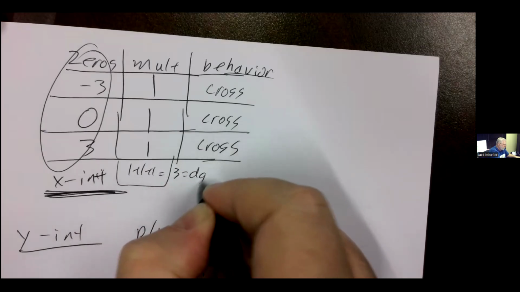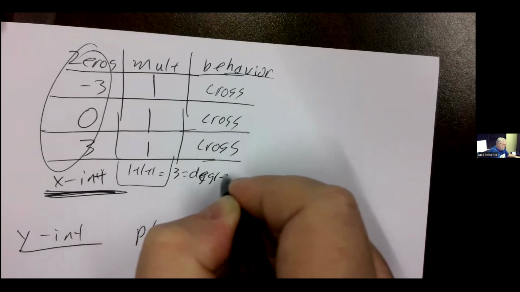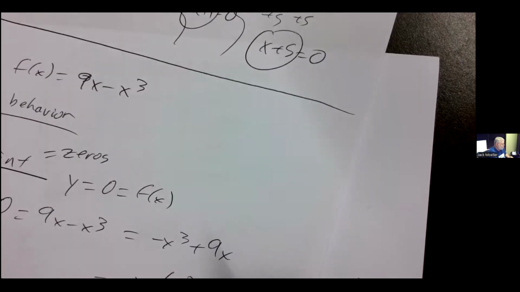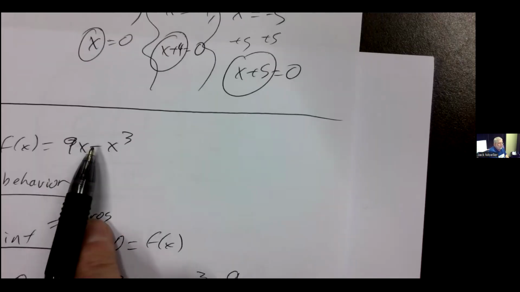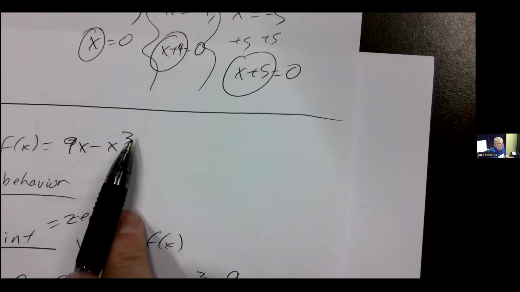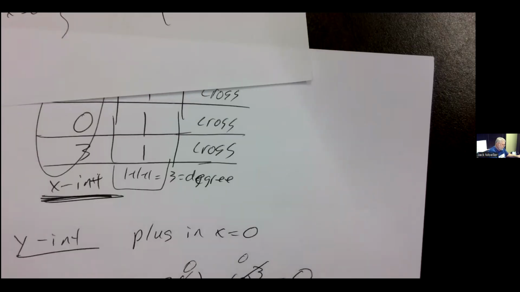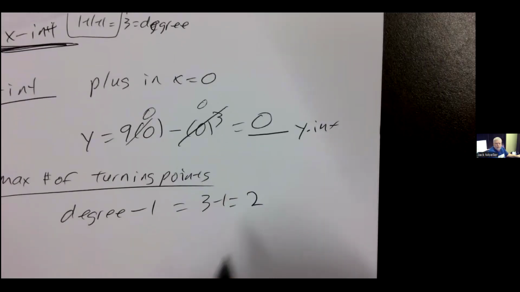That would be the degree. But remember, this was not in factored form. That was a normal polynomial form. So we know the degree is 3. So the maximum turning points would be 3 minus 1, which is 2. And then we're going to graph it.